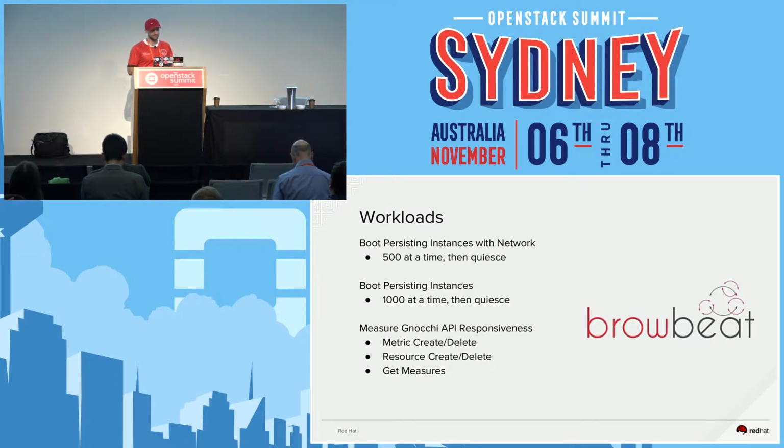We've also eliminated the use of having a network in that case as well, so we don't have to have interactions with Neutron in case we have other scalability issues there, or maybe that particular daemon is not deployed in its most performant fashion. Then we can limit the test a little bit more and just do instances. In that case, we booted 1,000 at a time and looked at the stepped graph there.